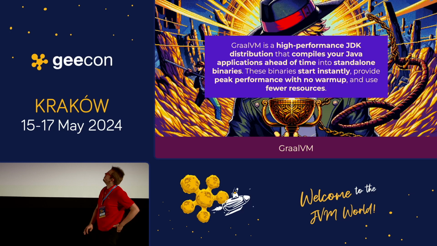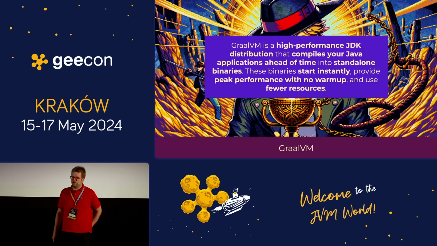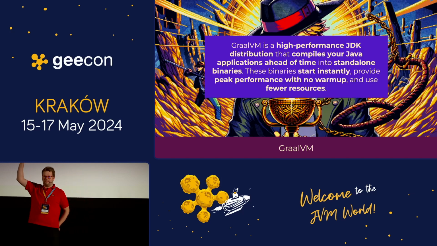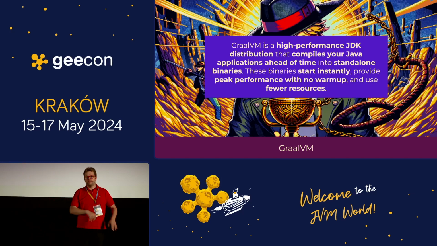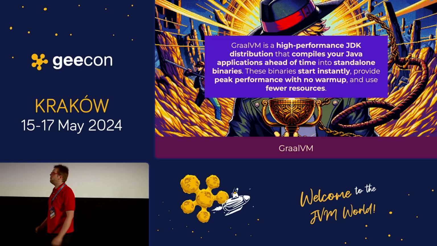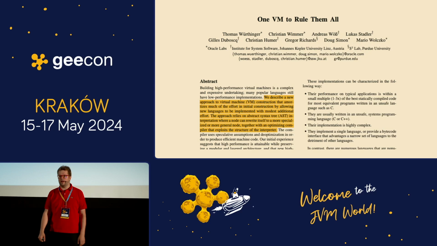Those binaries start instantly, provide peak performance with no warm-up, and use fewer resources. And that exact definition is what we are looking for when we want a native image. So even the main definition that you will find on the GraalVM page is focusing mostly on native image capabilities.